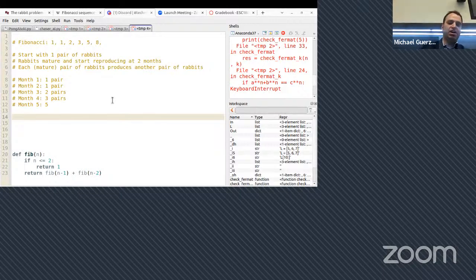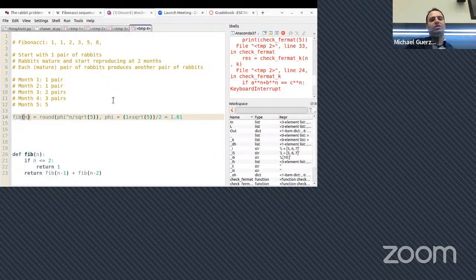The other way of thinking about it is with some linear algebra: you can show that fib of n is the round of phi to the n divided by square root of 5, where phi is the golden ratio, 1 plus square root of 5 over 2, which is approximately 1.61.